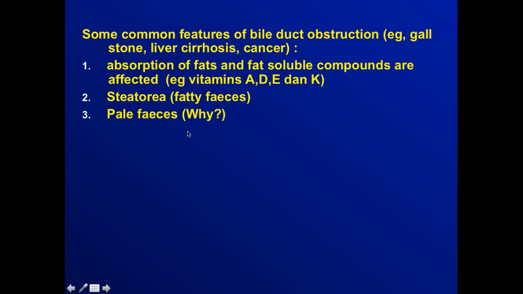Pale feces, we have already explained. Prolonged clotting time. Remember I said one of the functions of the liver is to synthesize the clotting factors. In this case, why is there a prolonged clotting time? If you remember, vitamin K is involved in the formation of 4 clotting factors.